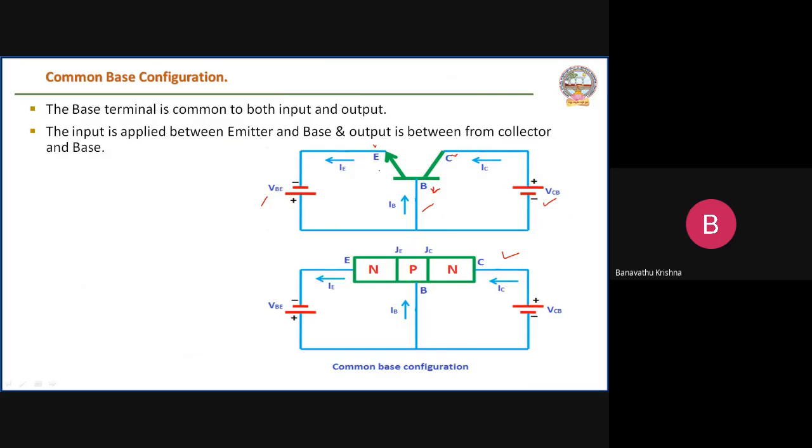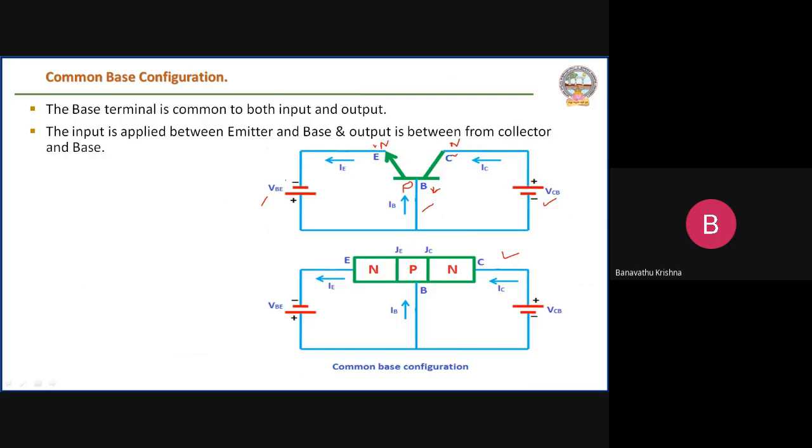Let us see here, this is an NPN transistor. This is the N, this is the P-type layer, and again it is N-type. The emitter is an N-type region. It has majority charge carriers, electrons, which are negatively charged particles, a negative charge area.